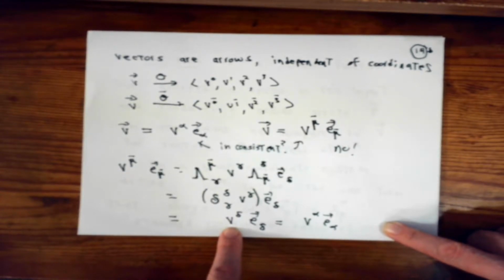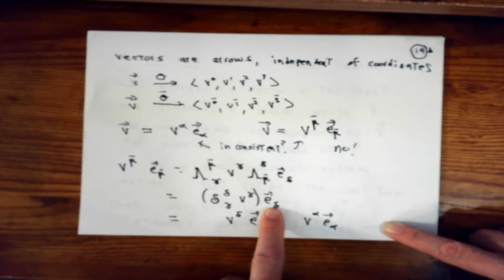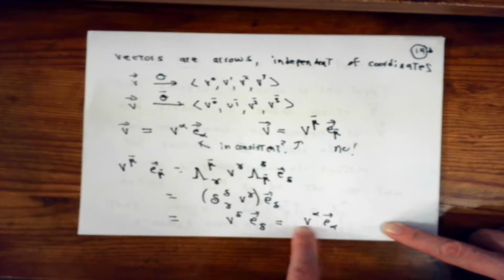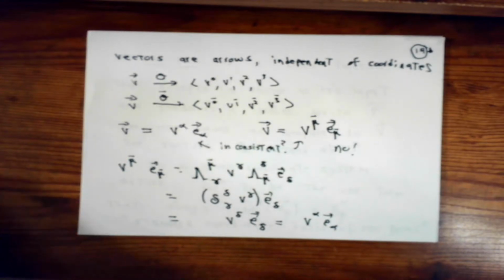So you'll have 1 times v delta times e delta, which you can then write in terms of the alpha index if you feel like it. This way, I can see that I can express the arrow in terms of components and basis vectors in any inertial frame.